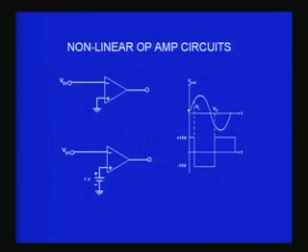Now what is happening here: I have marked this point as VL, corresponding to the lower threshold or lower tripping point, and this one as the upper tripping point, and these two will be 140 microvolt for this case when one of the inputs is connected to ground. But instead of connecting to ground, instead of making it a zero crossing detector, I can connect a battery with a fixed voltage of 1 volt, for example, in the second circuit.